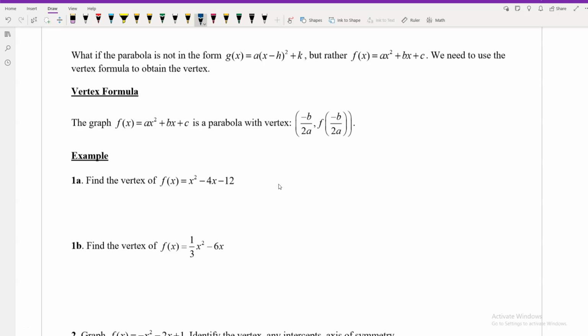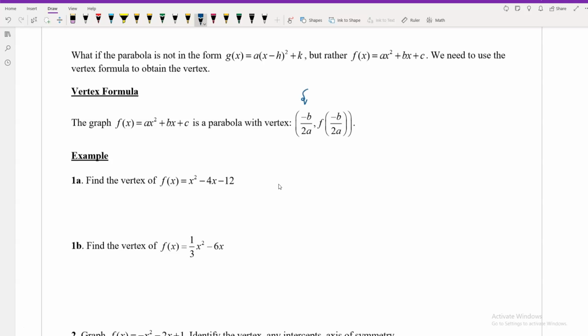But if the parabola is not in the form of a times x minus h squared plus k, but in this form, f of x equal to ax squared plus bx plus c, we need to use the vertex formula to obtain the vertex. So for the vertex formula, we have -b divided by 2a.